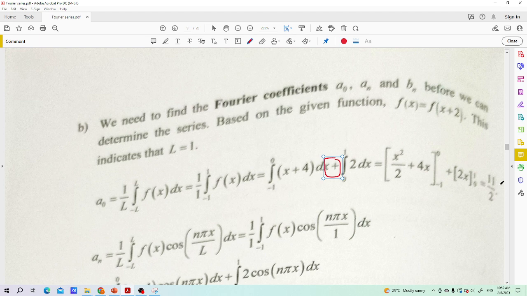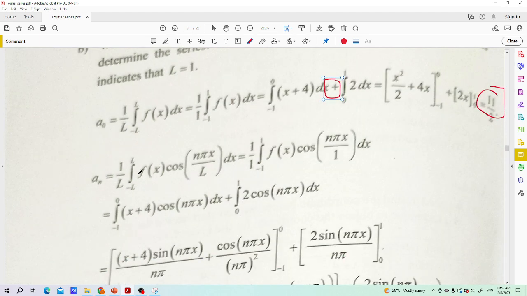This is the value of a naught. Also happen to the f(x) for a n. So f(x) is x plus 4, and then we have this value, and then we have another value here, but where is the 1 over L here?